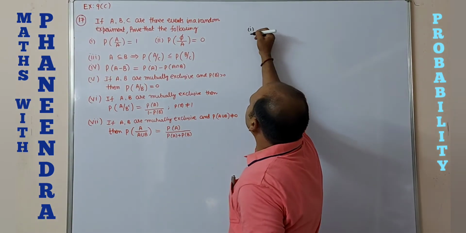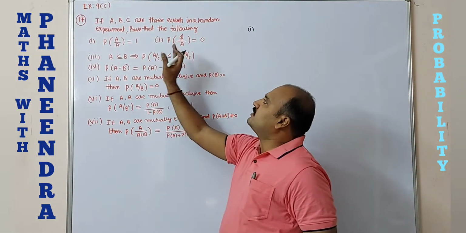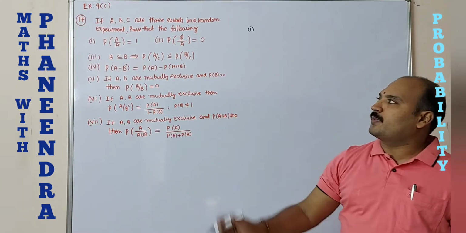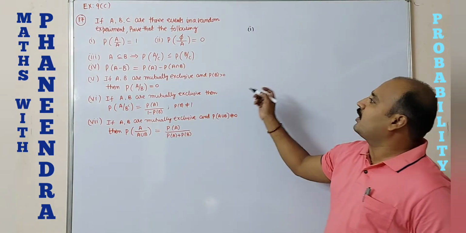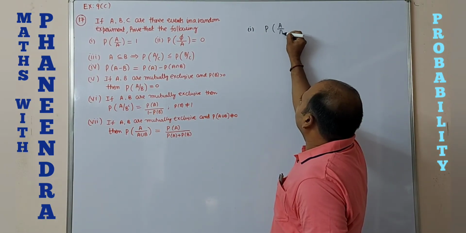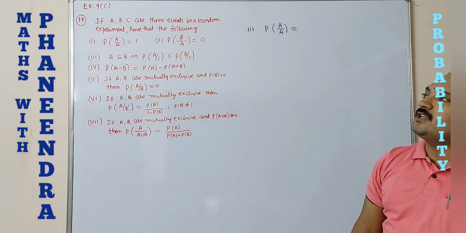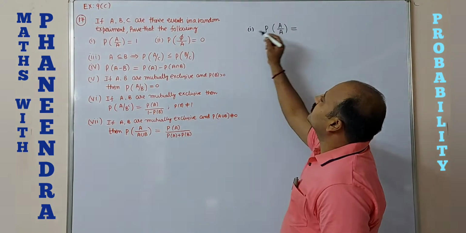Given A, B, C are 3 events in a random experiment. So consider the first one: P of A given A is equal to 1, we are asked to prove this result.